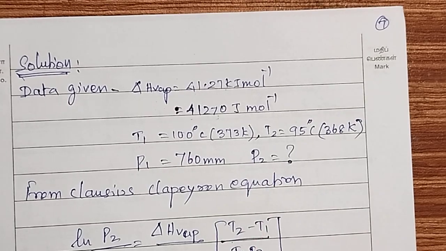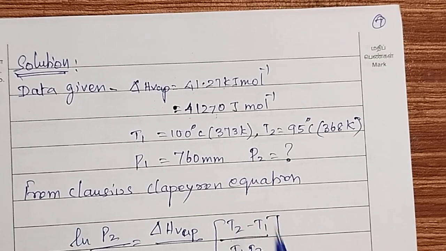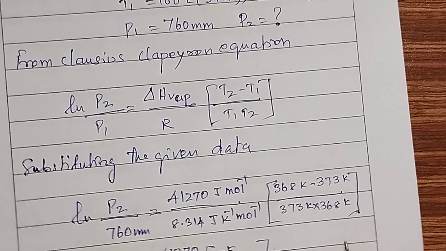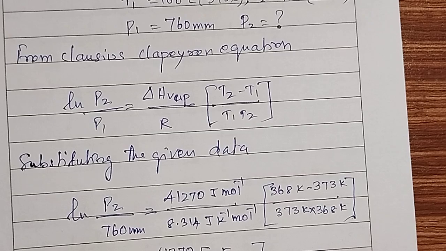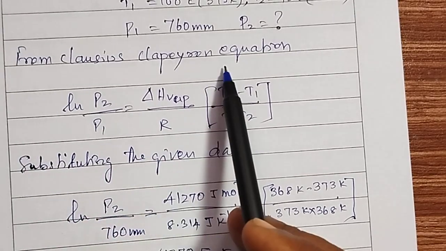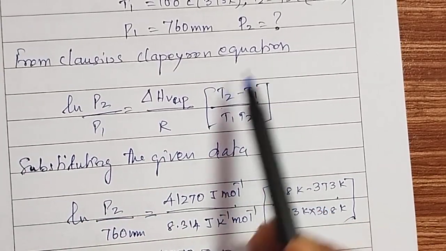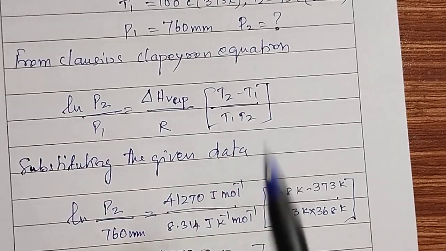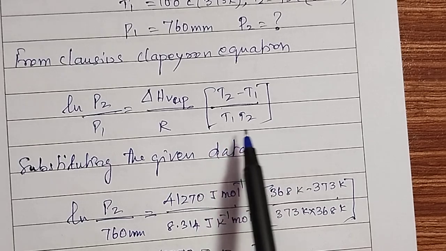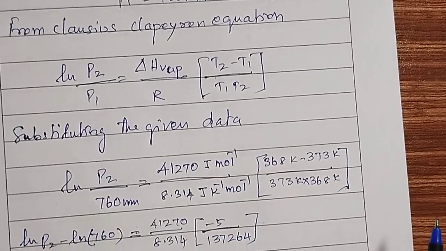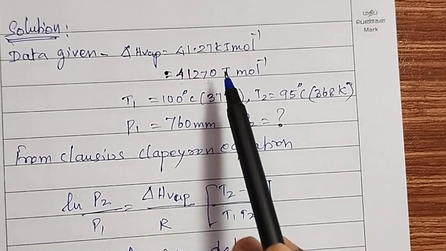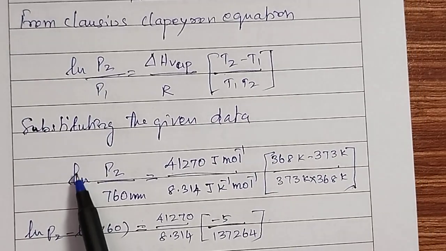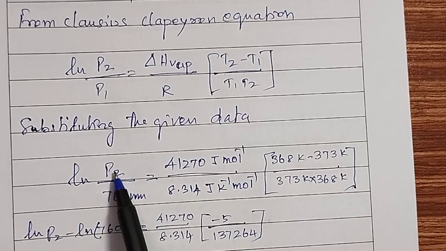That's what is being asked. Let us similarly take the Clausius Clapeyron equation: ln P2 by P1 equals delta H vaporization by R, into T2 minus T1 divided by T1 into T2. Substitute the given values in this equation. We get this. ln P2 is what we are going to find out.